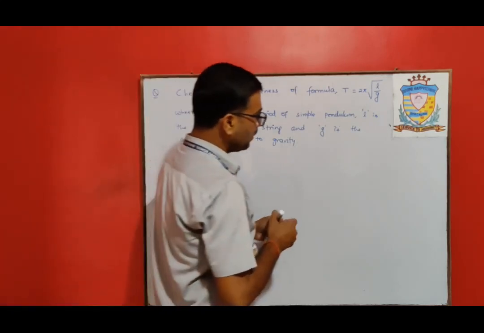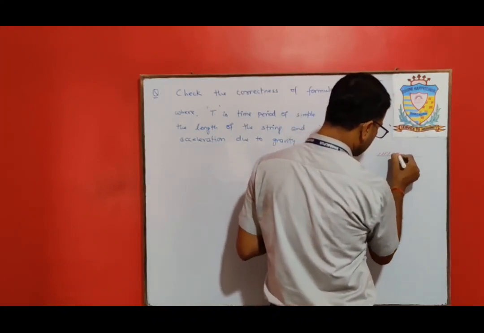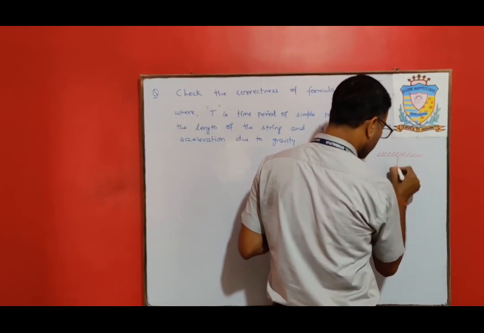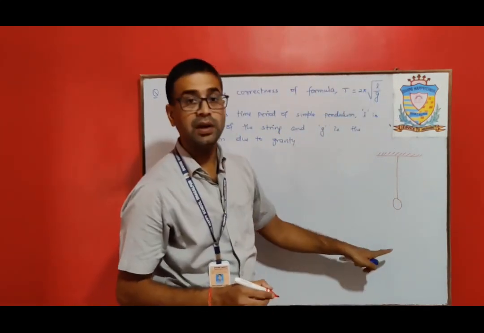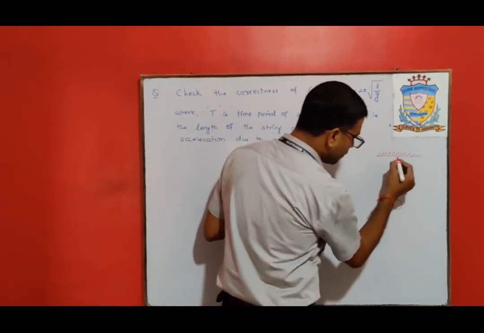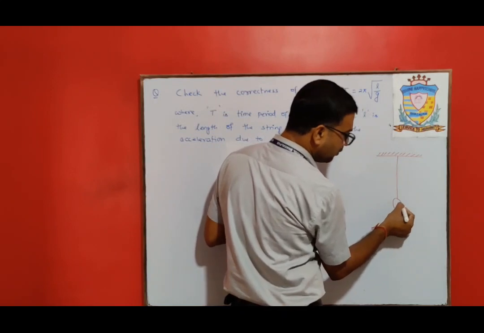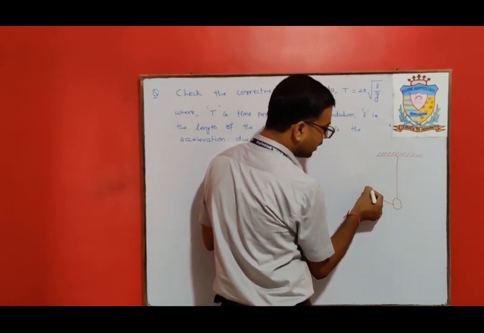A simple pendulum is a basic arrangement where there is a rigid base from which a bob is attached with a fixed string. Move this bob over here and release it.